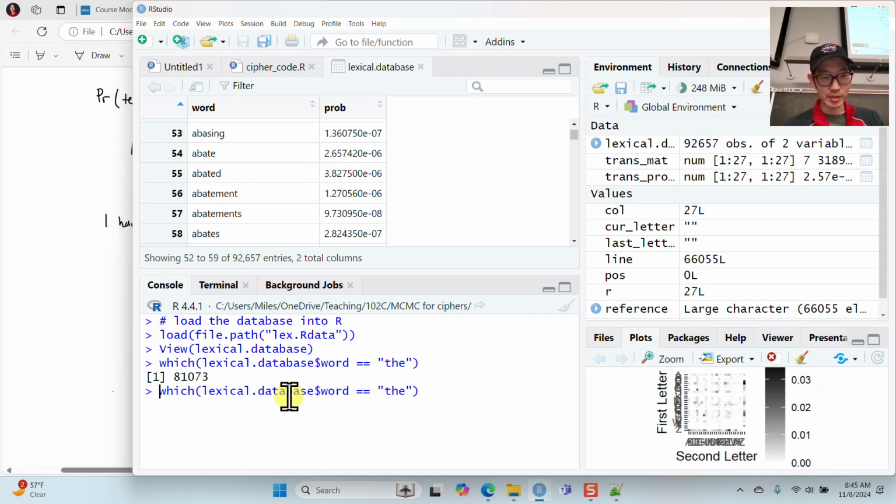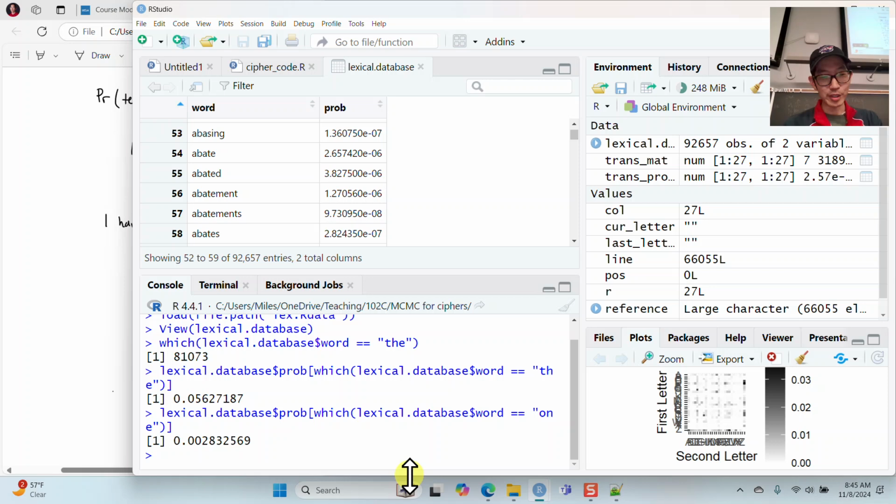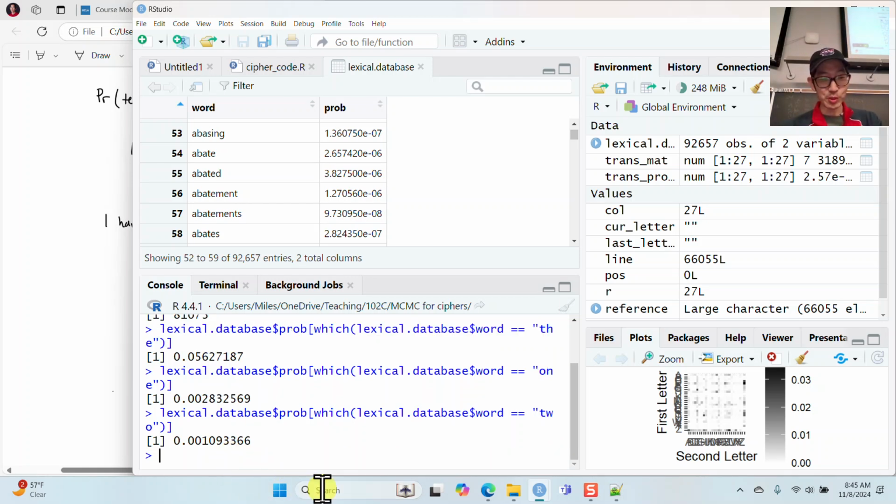So we'll do lexical.database dollar sign probability with square brackets for this. All right, so that's the relative probability of the word "the." What's another word? Common words. The word 1 I think is pretty common. 1 has a probability of 0.0028, versus the word 2 which shows up only 0.001, and 3 less probable, and so on.